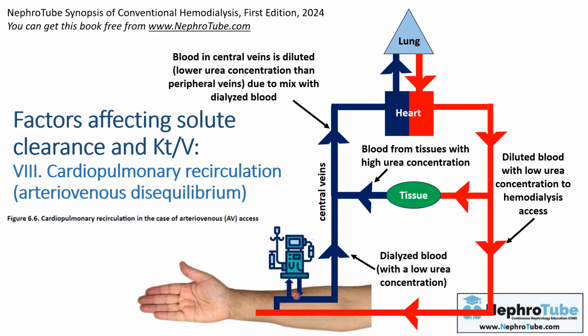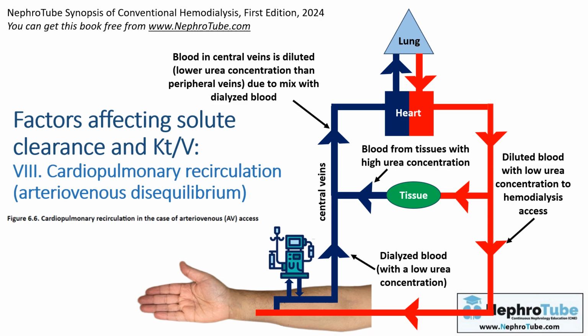Slowing the pump decreases the urea clearance, increases the urea level in the veins, and increases the urea level in the blood coming to the AV access. So this is the cardiopulmonary recirculation, and it has an effect if we are using an AV access.